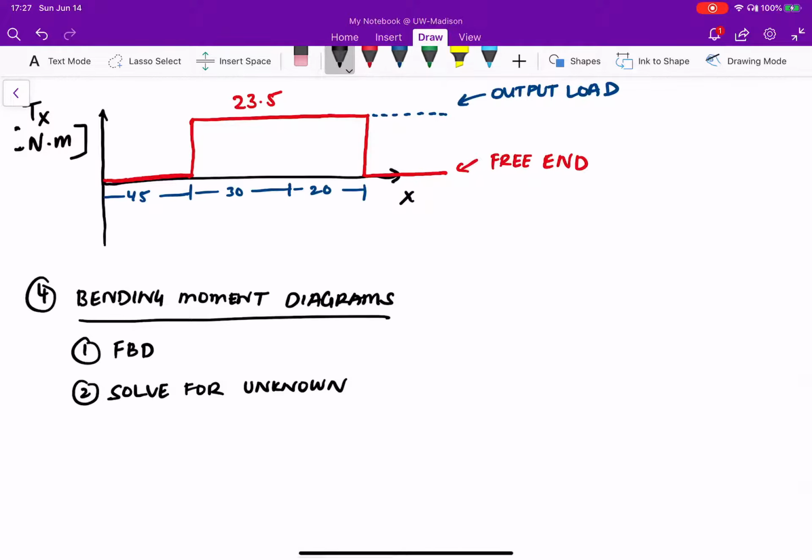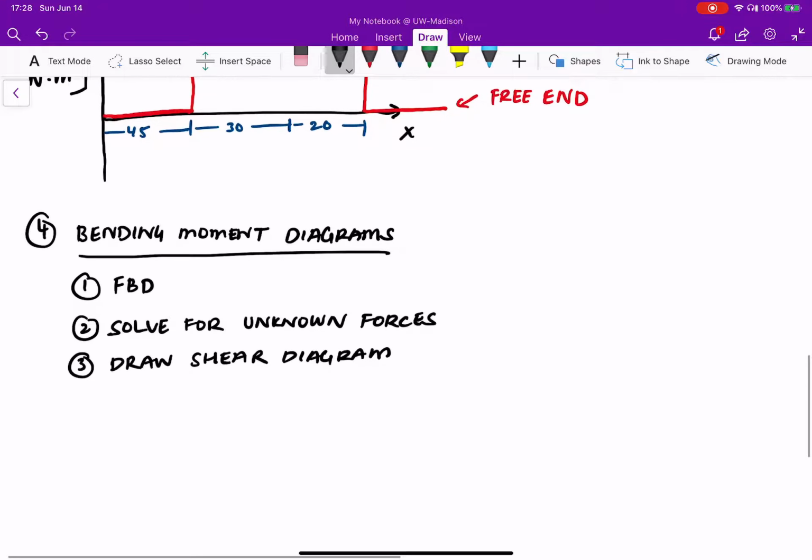Like I said, they don't allow the shaft to move in the X, Y, or Z direction, which means there are some support forces or reaction forces being applied on the shaft at those points, which we need to solve for. Then draw the shear diagram. And as you've seen in 306, if you've drawn the shear diagram, you can simply take the area under the curve and draw the bending moment diagram.